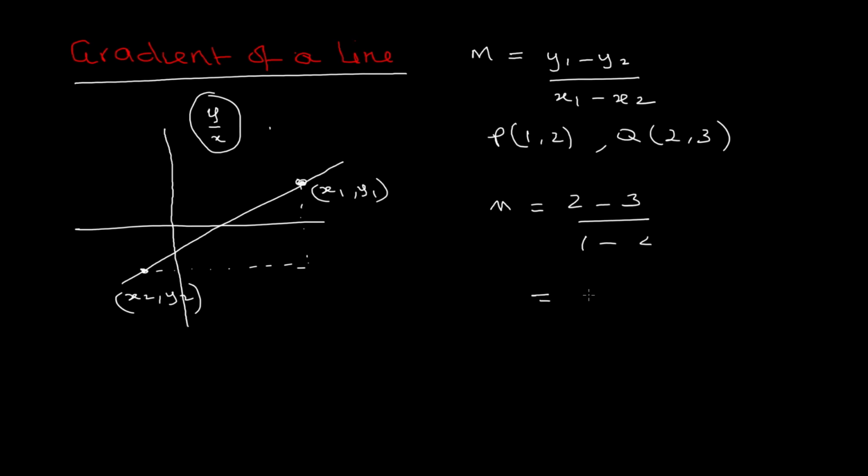So in this case, we'll have minus 1 over minus 1. So our gradient is going to be 1.